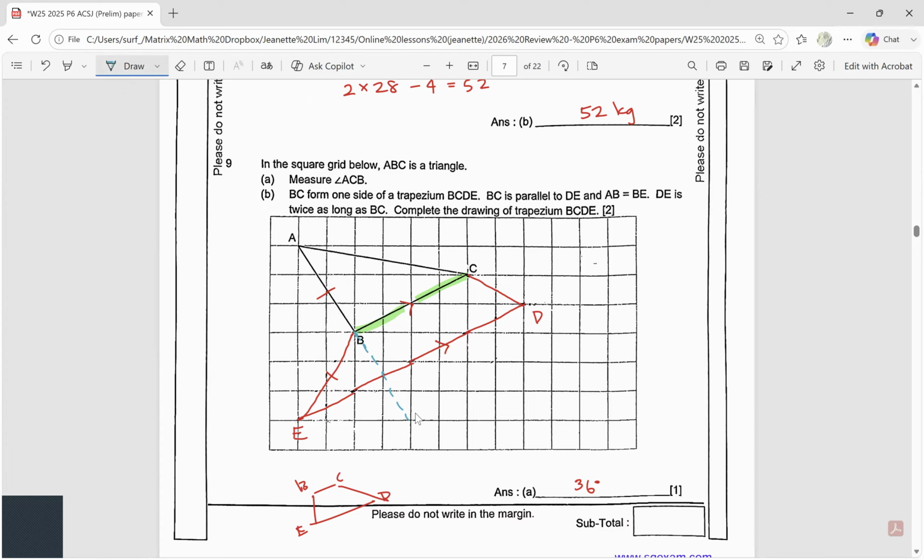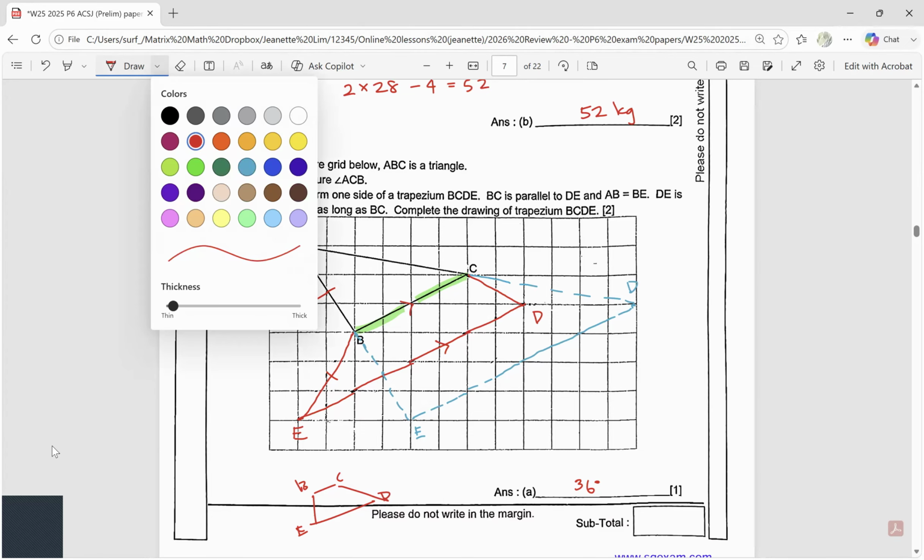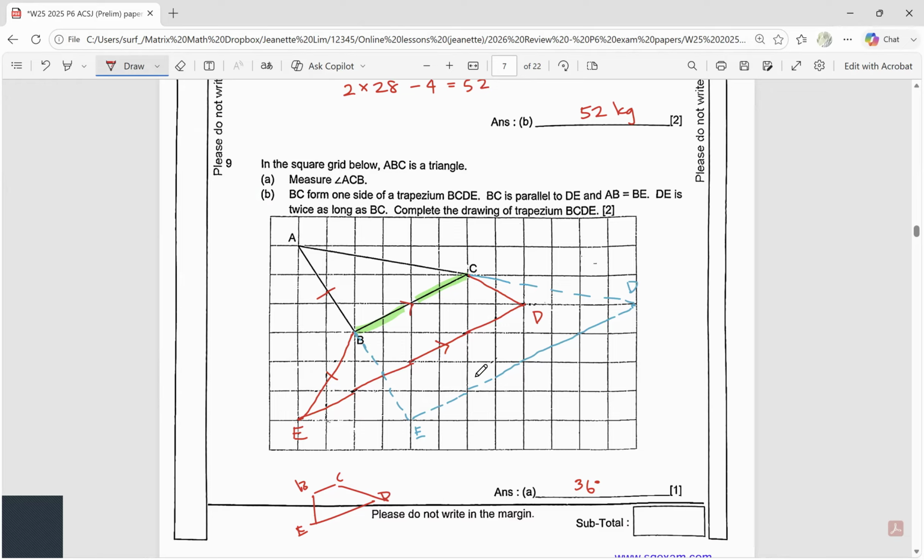So it can also be like that. Then twice as long, you cut across 2 squares, 2 squares, 2 squares, and 2 squares. So it will be here. Then you connect this. This is another answer for the drawing. Okay, 2 possible answers, the one in red and the one in blue. You just need to do one.